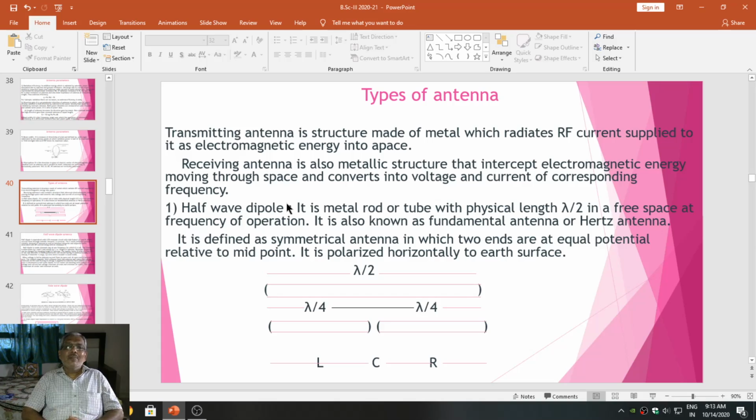Dipole has two poles. Half wave means its length is half the wavelength of the wave which is to be transmitted or which is going to be received.